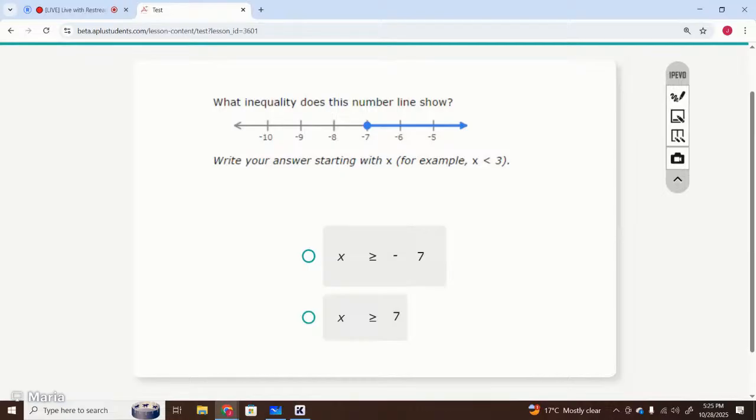Option number 2 is the correct option. What inequality does the number line show? That is x is greater than negative 7. Option number 1 is the correct option.